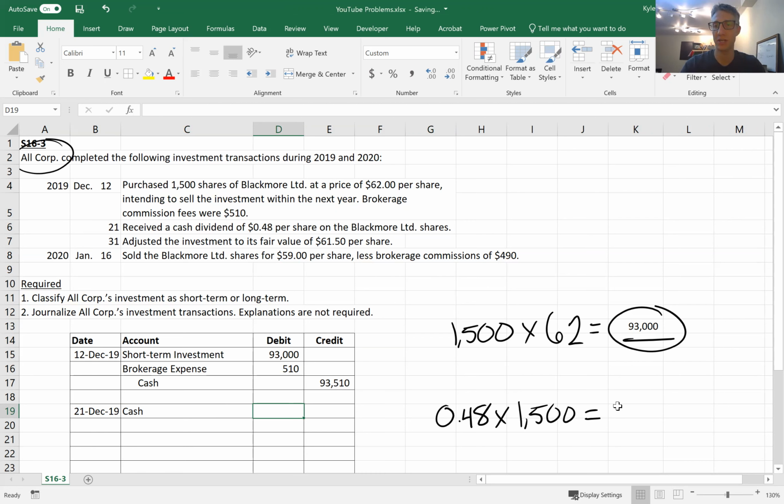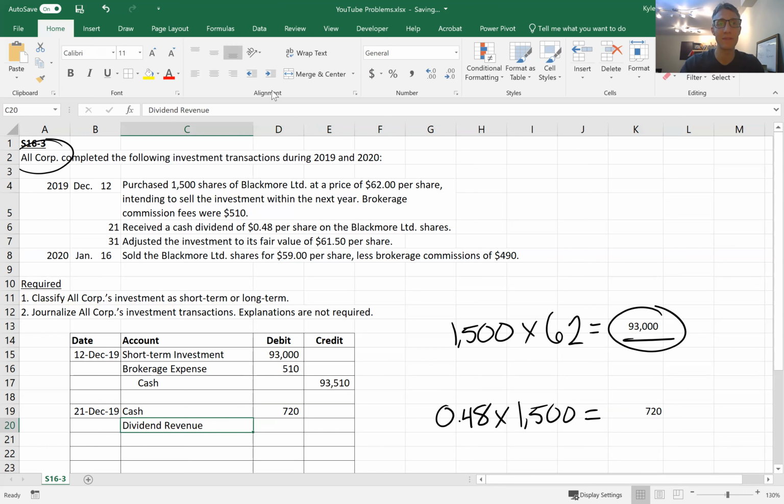And this is going to be just under $750. 0.48 by 1,500 is $720. So cash for them is going to go up by $720 because they earned dividend revenue.